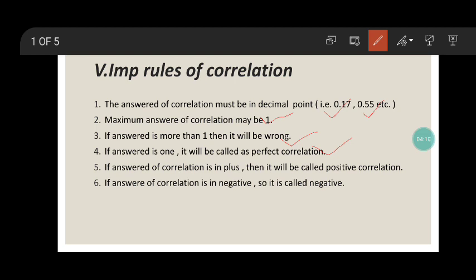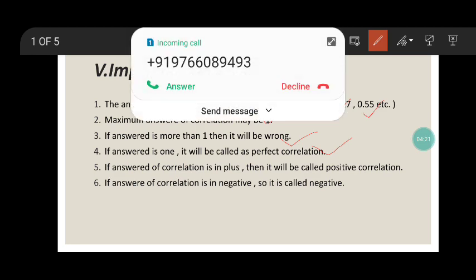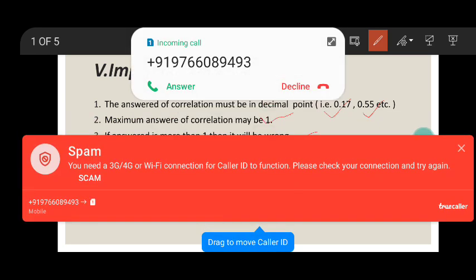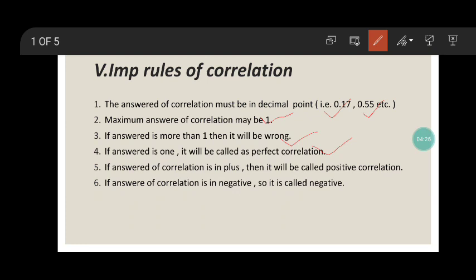Like if the price is increasing by 50%, demand is declining by 50% only. In such a case you would get the answer as 1 in the coefficient of correlation. If you are getting the answer as +1, you would say that there is perfect positive correlation, and if you are getting -1, you would say that there is perfect negative correlation. This way 1 refers to perfect correlation.